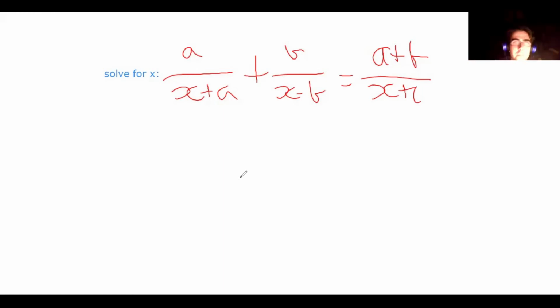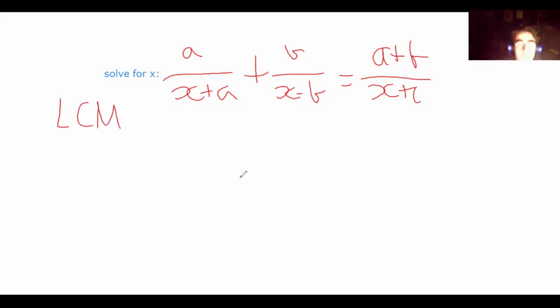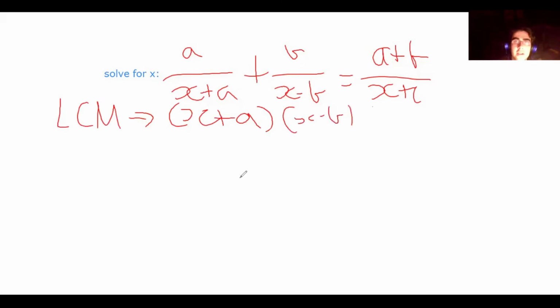Okay, so first thing we want to do is establish the lowest common multiple, because if we multiply that to all the fractions, we can remove the fractions. The lowest common multiple here is simply (x plus a)(x minus b)(x plus c). So let's multiply that to all the fractions.